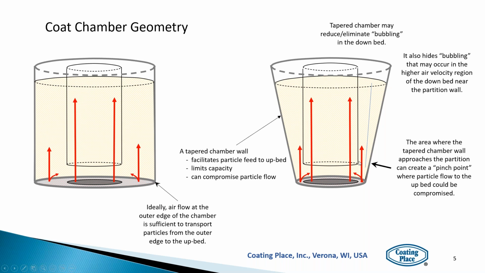And depending on where you locate the partition, you can start to starve particle feed to the up bed. This is where it's important that the partition be positioned properly to allow a free feed. Anytime you see bouncing in the bed or anything like that, that suggests that the feed is not uniform and it's varied, and it likely will lead to problems.